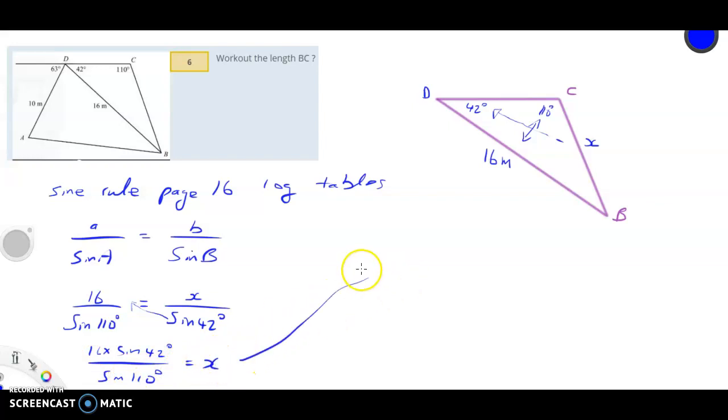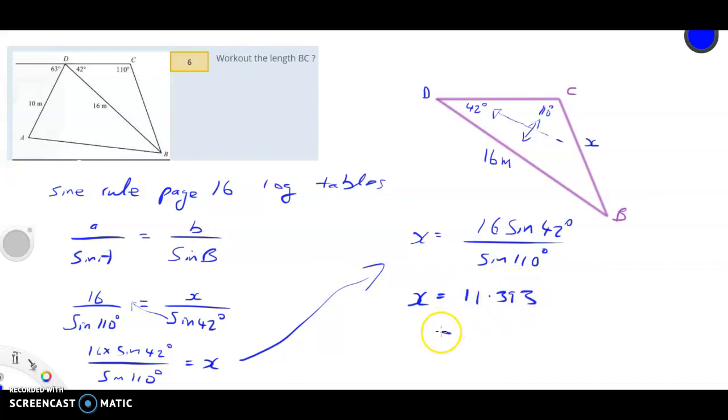So I'm just going to bring that up here now. X equals 16 times sine 42 degrees over sine 110 degrees. We can use the fraction key on the calculator and type in 16 sine 42, close the bracket, go downstairs and put down sine 110, close the bracket, press equals, and I get X equals 11.393.